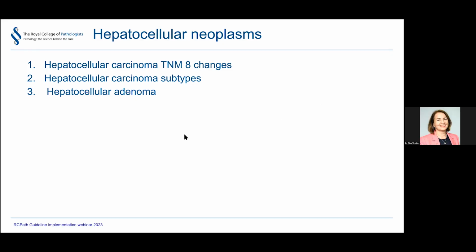With the hepatocellular neoplasms, there have been some changes in the TNM8, as Judy outlined, and I will also discuss the hepatocellular carcinoma subtypes, and I will also talk about the changes in hepatocellular adenoma.